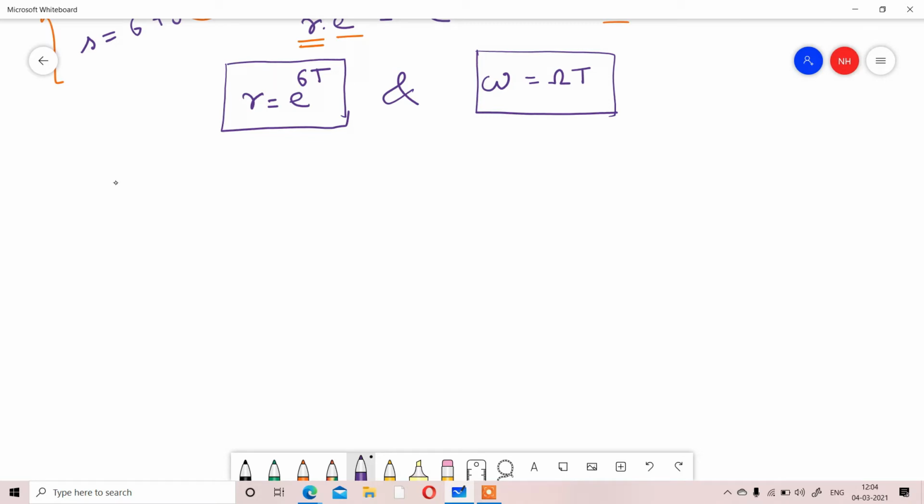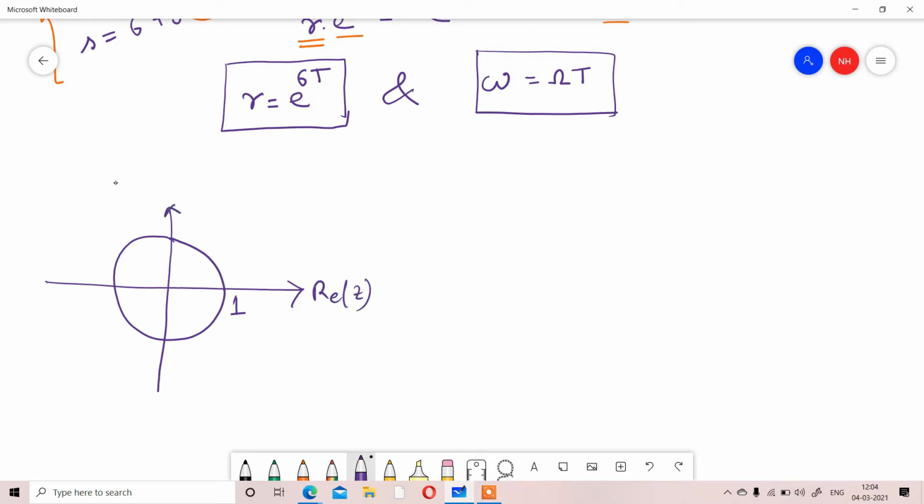We know that in the Z transform, whenever we calculate the poles for the filter, the ROC must contain the unit circle. That is the real part of Z, that is the imaginary part of Z. Meaning, if the ROC contains the unit circle, then the filter is stable and causal.